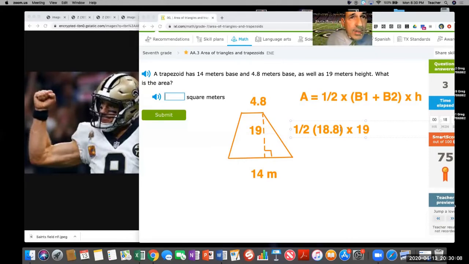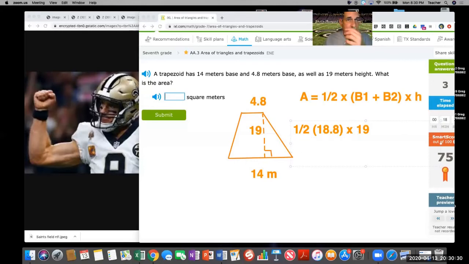So a lot of times I take the bigger number and divide it in half, so I have smaller value numbers to multiply with, but I'm going to end up having 2 3-digit numbers. And to make the multiplication go a little faster, it's easier to have 1 2-digit number and 1 3-digit number. So I'm going to take half of the 18.8.